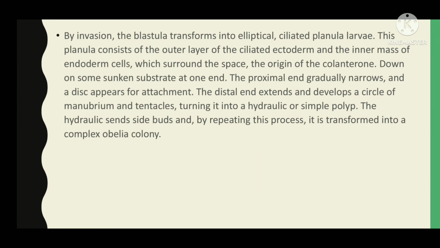The proximal end gradually narrows down and a disc appears for attachment. The distal end expands and, by developing a manubrium and a circlet of tentacles, it turns into the hydrula or simple polyp. The hydrula sends out lateral buds, and by repetition of this process it is converted into a complex Obelia colony.